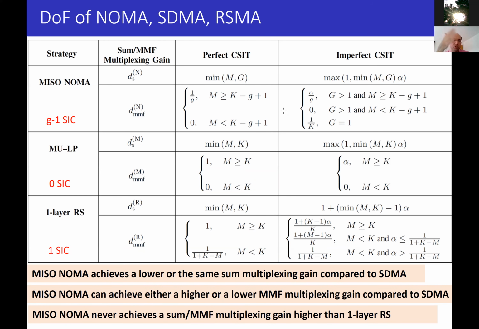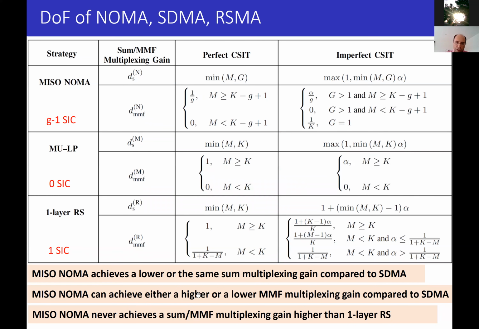We can do this for different types of DoF: sum degrees of freedom, max-min fair degrees of freedom, and so on. What we can show is that if you do NOMA, you achieve a lower or the same sum multiplexing gain as SDMA. You can achieve either higher or lower max-min fair multiplexing gain compared to SDMA.